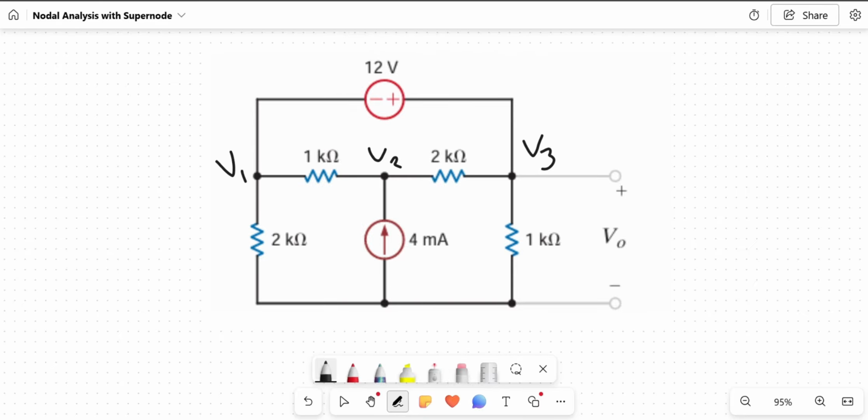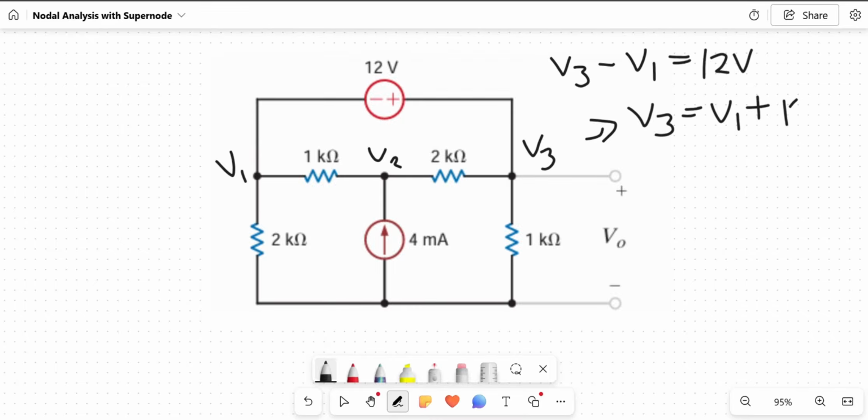So I'll be writing my equation as V3 minus V1 equals 12 volts. If I want to write V3 in terms of V1 to have one less equation, I will say that V3 equals V1 plus 12.